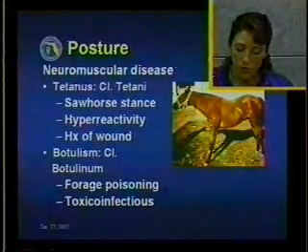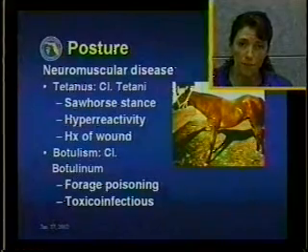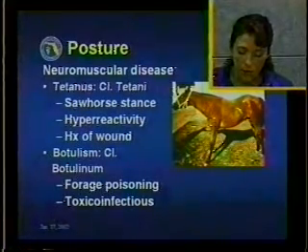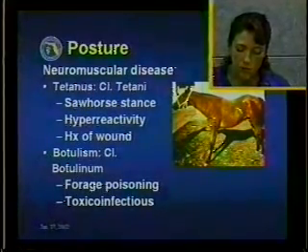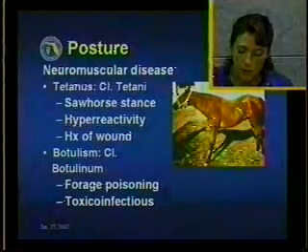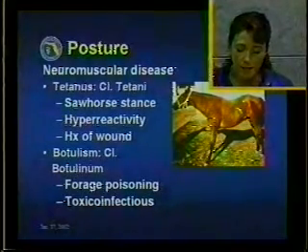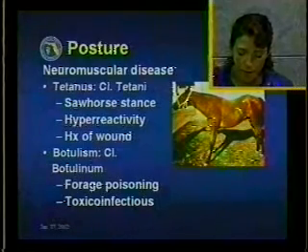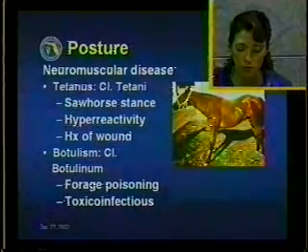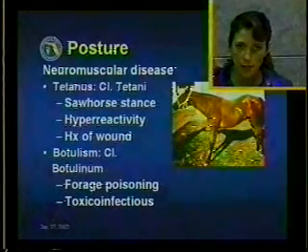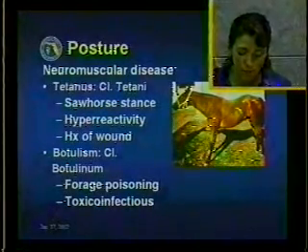They are also very commonly hyperreactive, in particular to noise. One of the common clinical signs for this disease is the prolapse of the third eyelid that seems to cover about half of the cornea, in particular in response to noise. And the ears are usually straight back and very rigid as well.